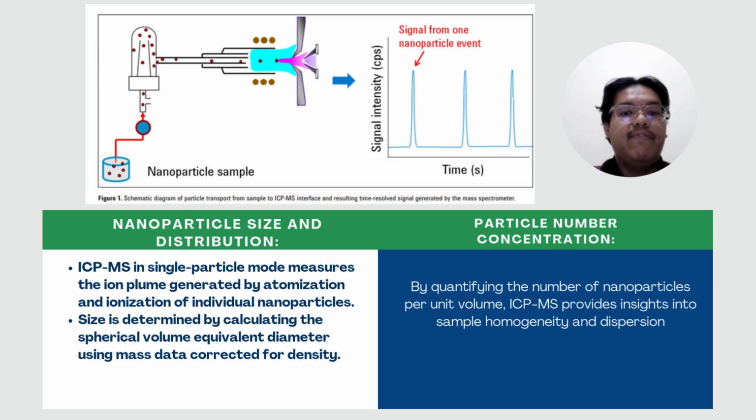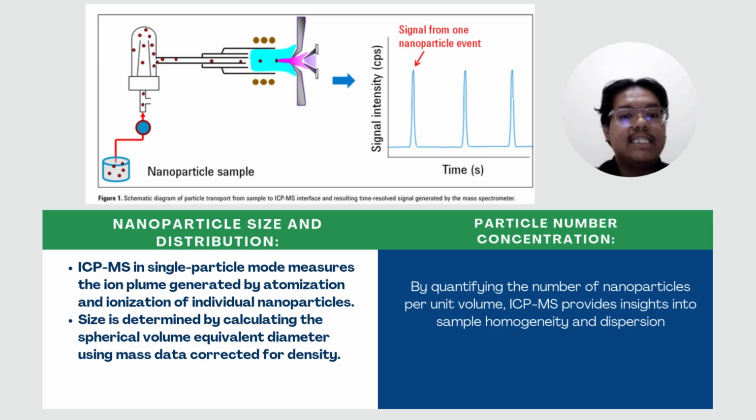As we see in figure 1, the schematic diagram shows the particle transport from the sample into the ICP-MS interface, resulting in the time-resolved signal generated by the mass spectrometry. So now, how are nanoparticle size and distribution read? ICP-MS in single particle mode measures the ion plume generated by the atomization and ionization of individual nanoparticles.